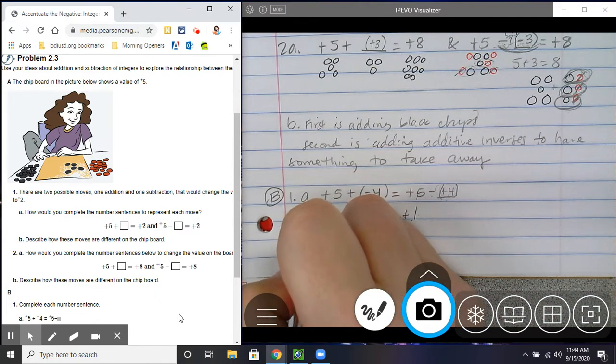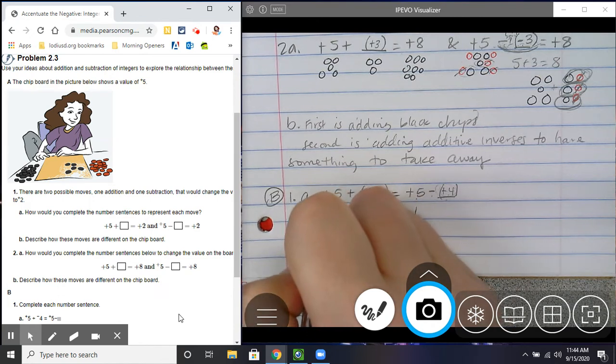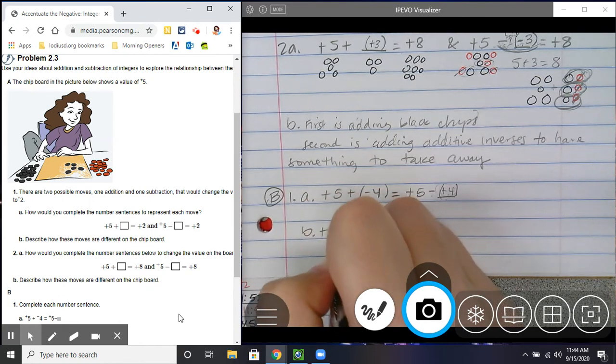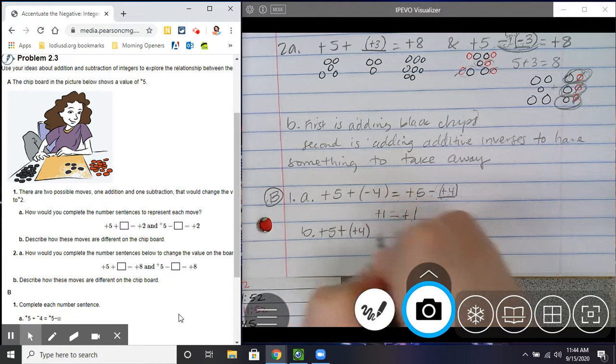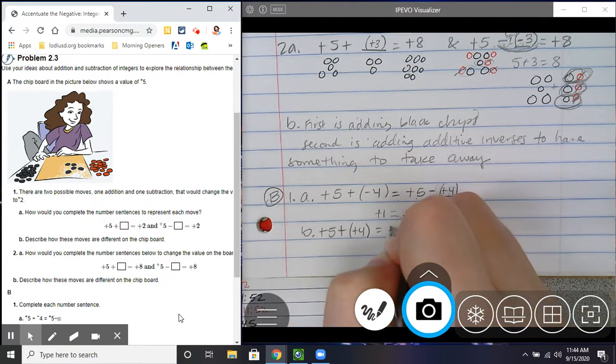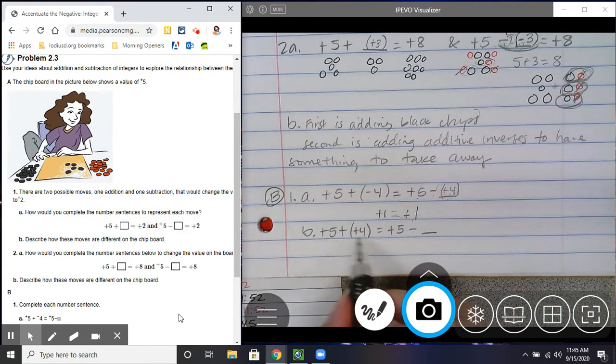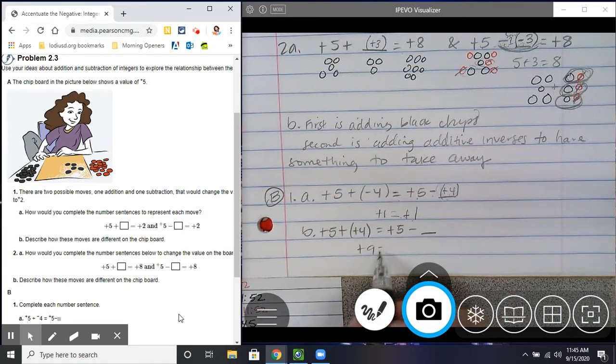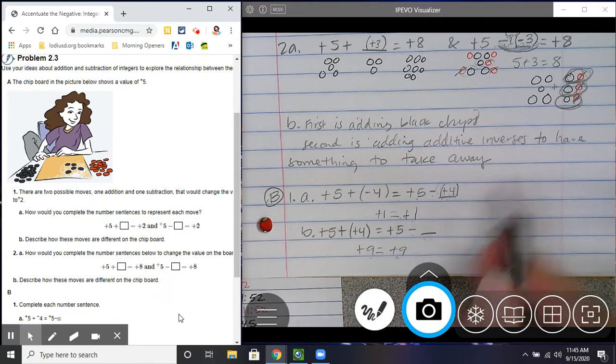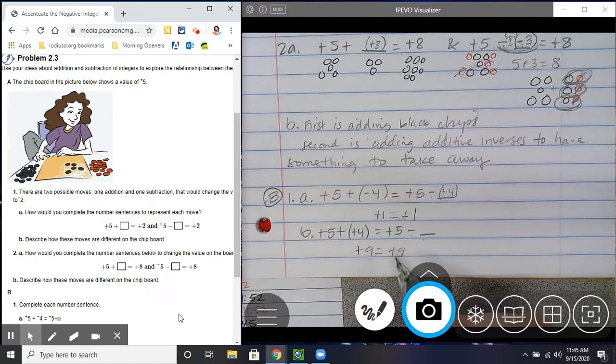B is, so this would be positive 9. And then 5 minus some number would need to be positive 9. Again, we're in this same situation where we're ending up with a bigger answer.